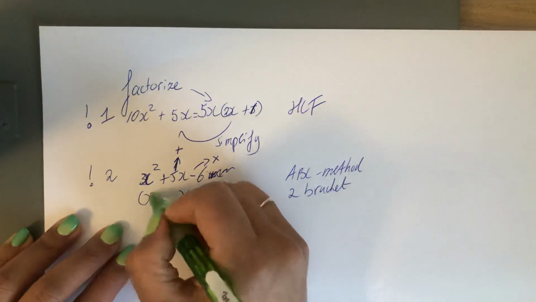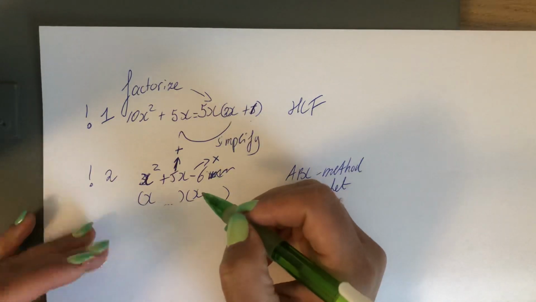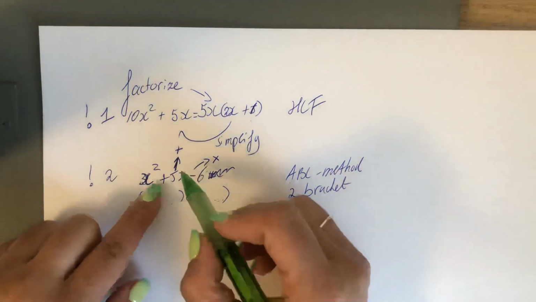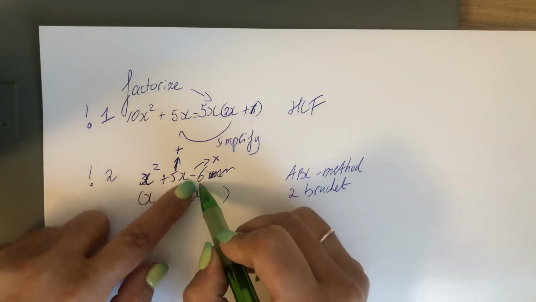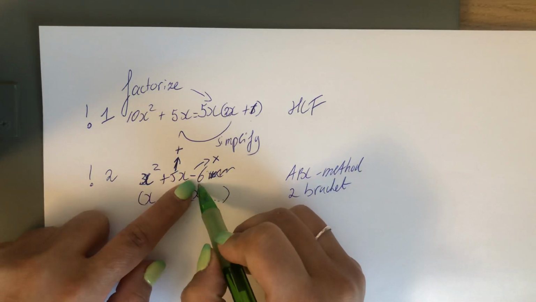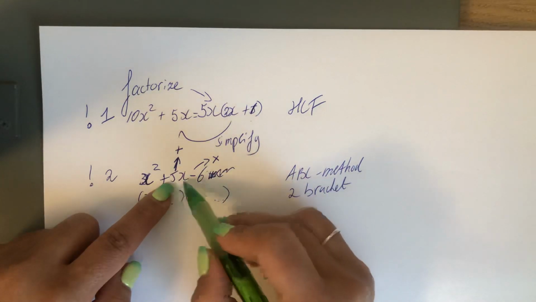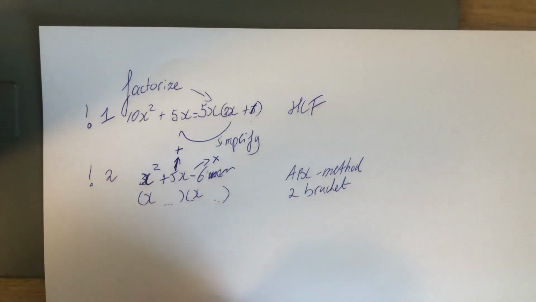So you think about it, you can make a list, use separate paper, whatever. You realize 3 and 2 will become 5. But when I multiply it, I must have minus 6, and when I add it, I must have 5. So 3 and 2, what can we do with that?